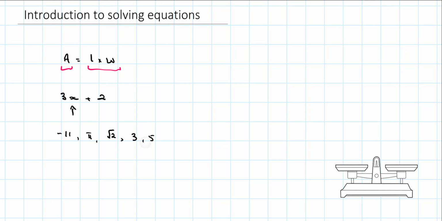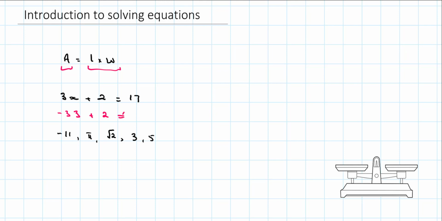But as soon as I say 3x + 2 must equal, say, 17, then I can't just put any value in there. For example, if I put negative 11 in there, I end up with negative 33 + 2, which is negative 31.